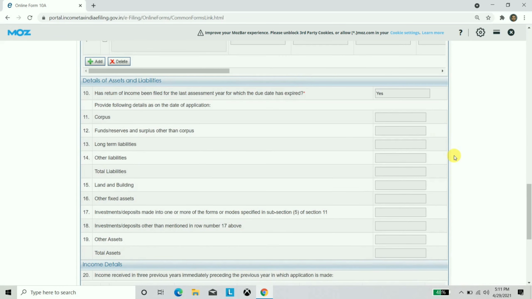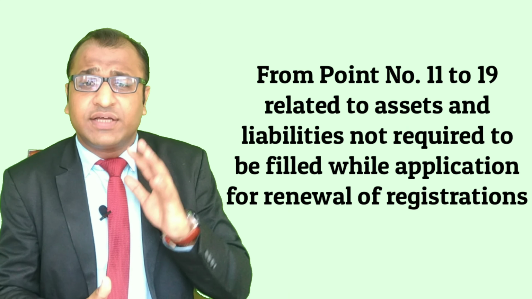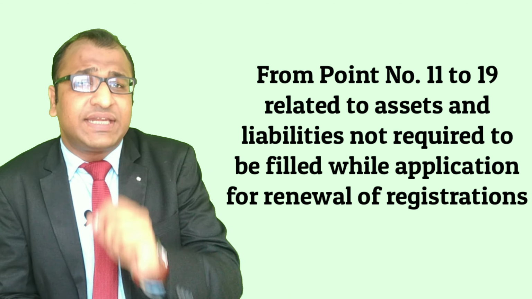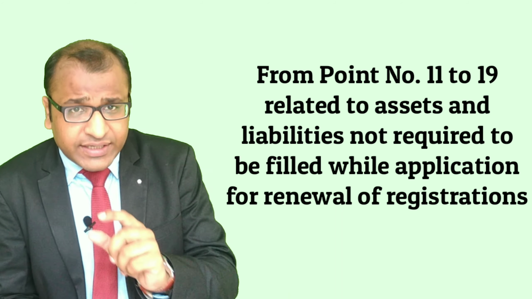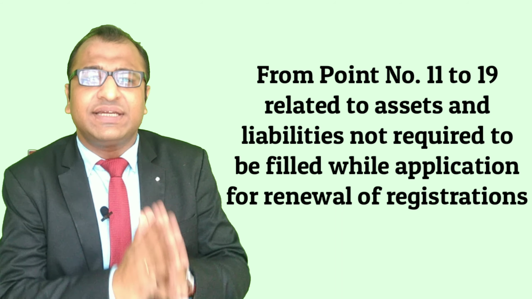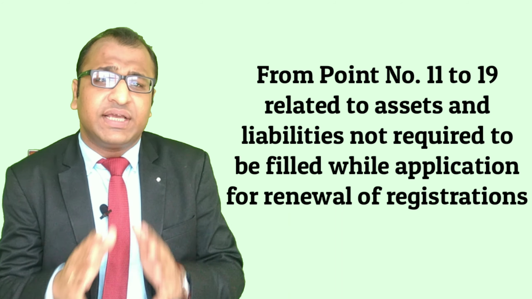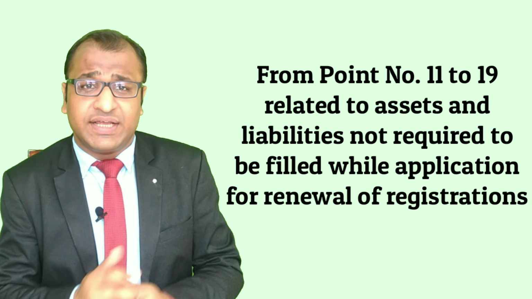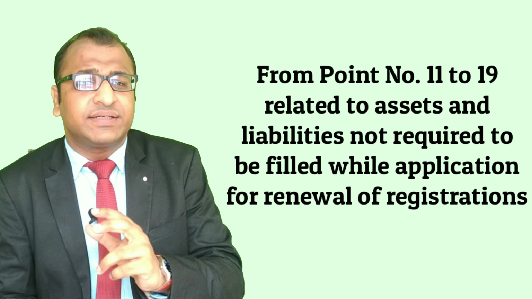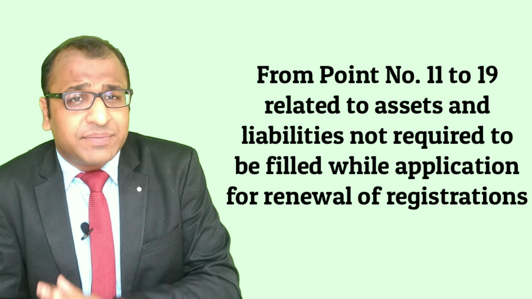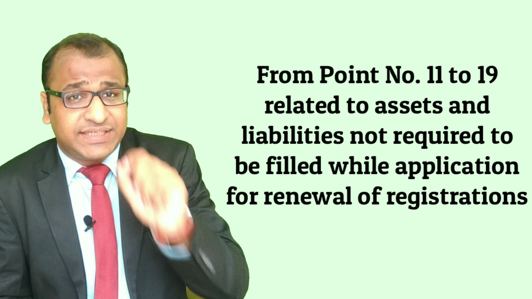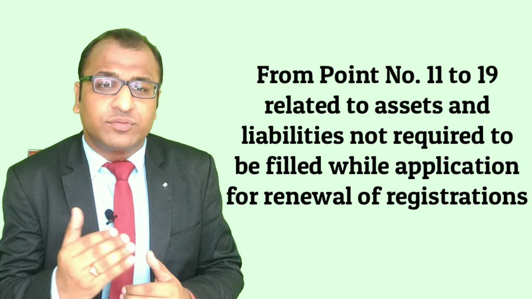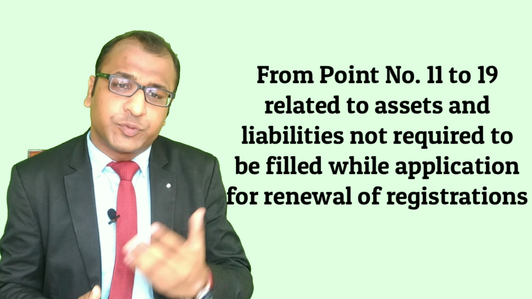I repeat, the further details as mentioned in point number 11 to 19 of Form 10A related to the assets and liabilities is not required to be filled in case of application for renewal of registrations. It is evident from the fact that this section becomes inactive once the section code related to renewal is selected in point number 2.